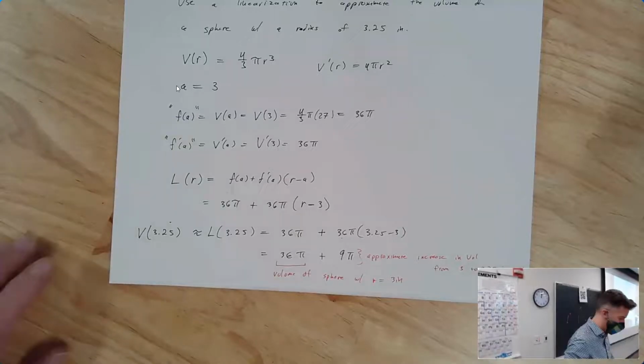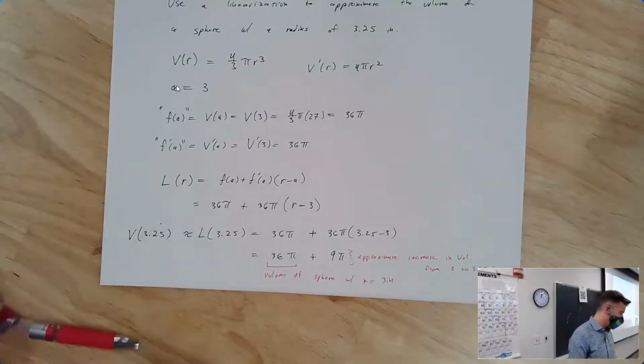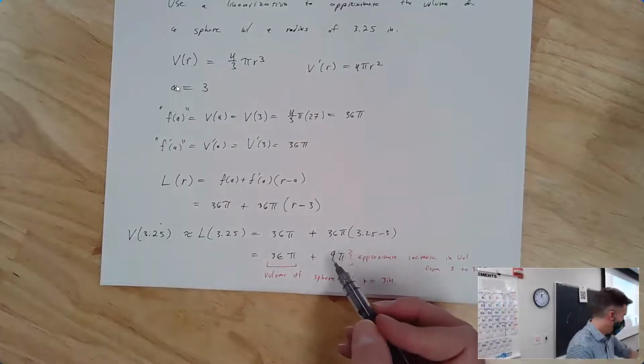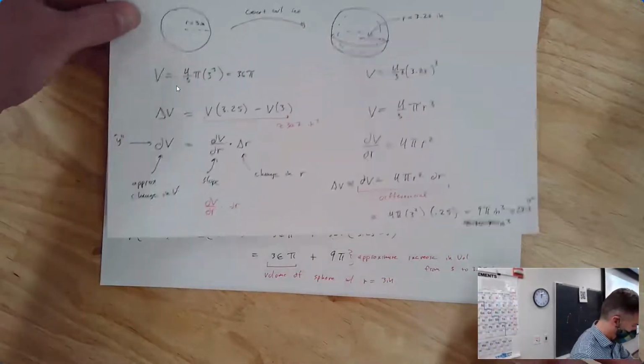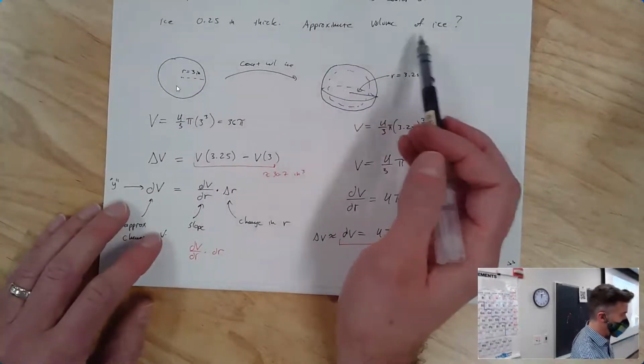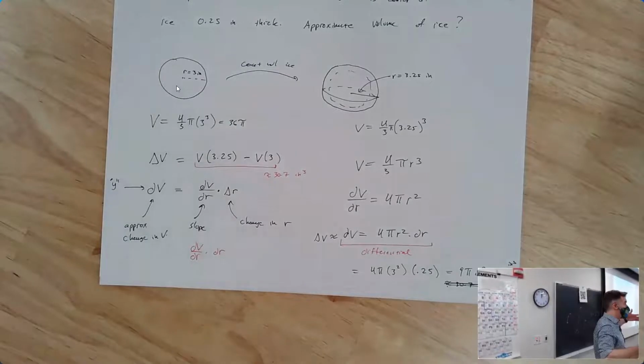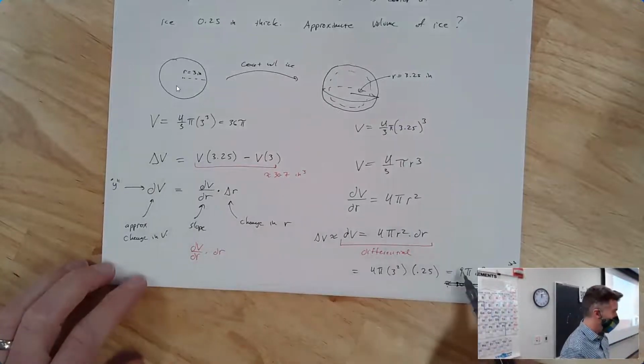So that's not the whole idea, but that's the idea here: this part here is what we calculated in the previous problem. In the previous problem, we were asked to approximate the volume of ice, aka the change in volume when you go from a sphere of 3 inches to a sphere of 3 1/4 inches. And when we calculated that, we got the 9 pi.